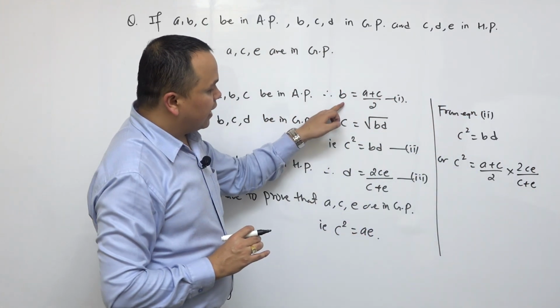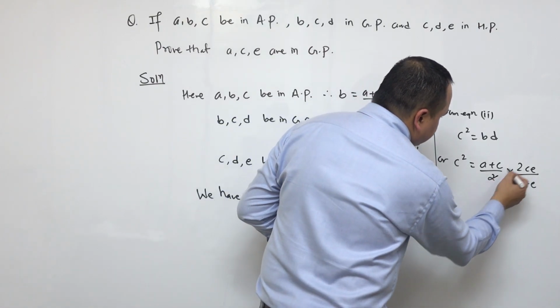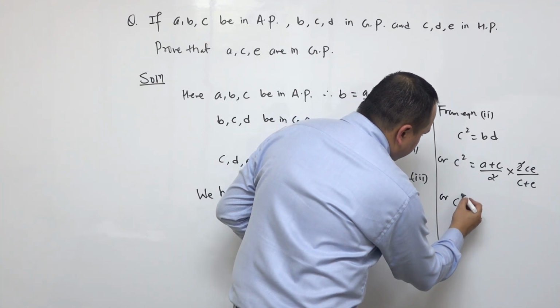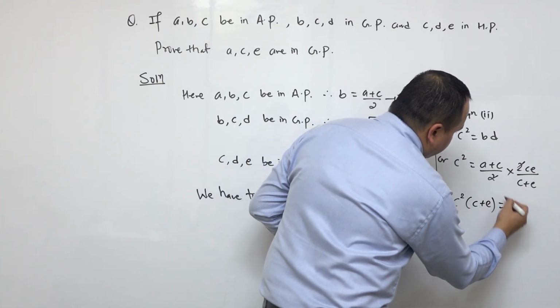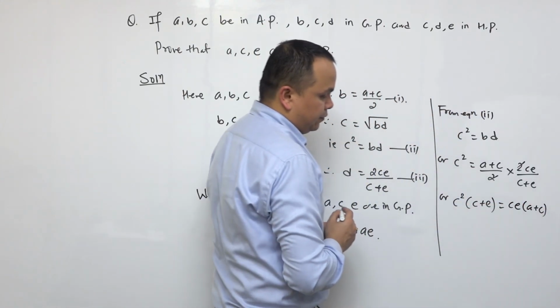Using equation I and equation III, the 2 cancels, so C squared times (C plus E) is equal to C times (A plus C).